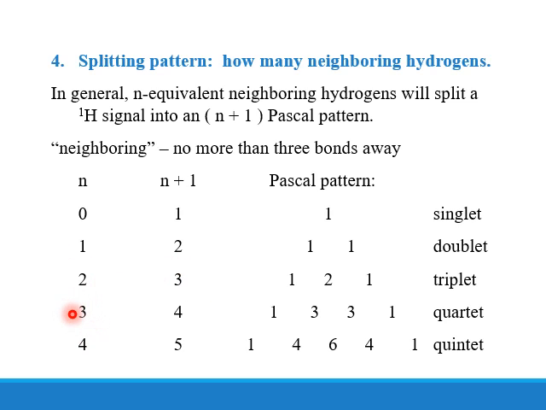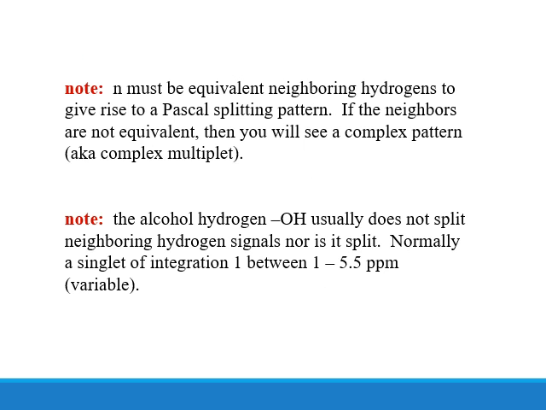When we have 3 neighbor hydrogens, it will be a quartet. And when we have 4 neighbor hydrogens, the pattern will be a quintet. The neighbors must be equivalent hydrogens to give rise to a Pascal splitting pattern. If the neighbors are not equivalent, then you will see a complex pattern.